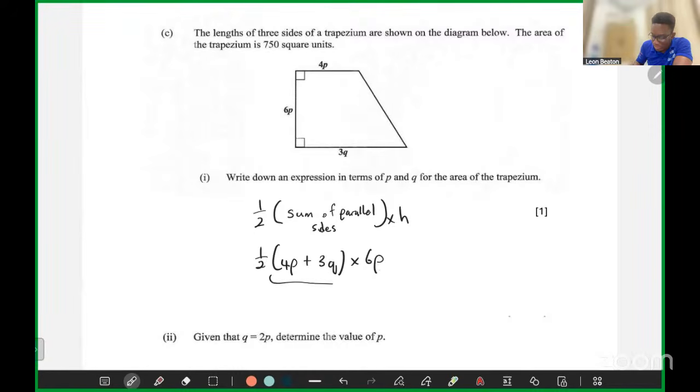And then the 3p can multiply everything in this bracket. So this would be 3p multiplied by 4p plus 3q. And then we can use the distributive law. This will be 3p times 4p: 3 times 4 is 12, p times p is p squared. And then 3 times positive 3 would give us plus 9, and p times q would give us pq. So this is the expression in terms of P and Q for the area of the trapezium.